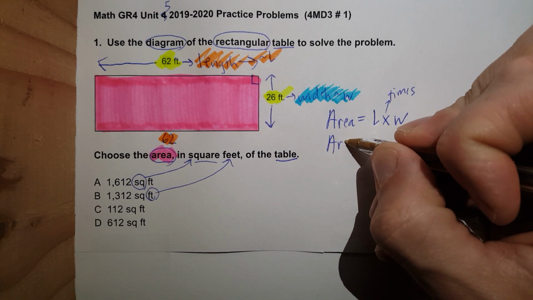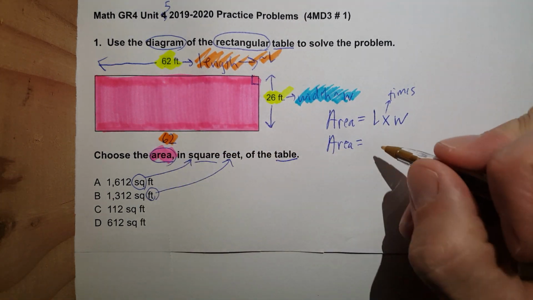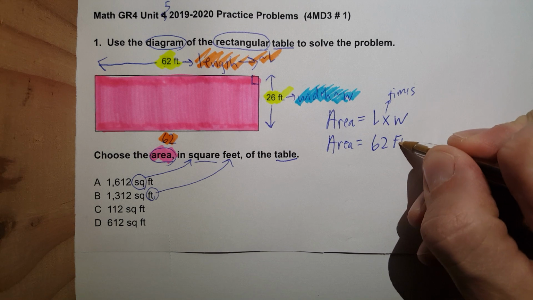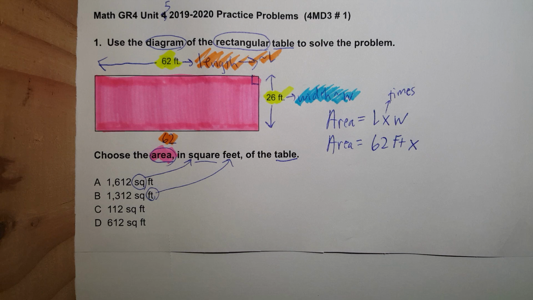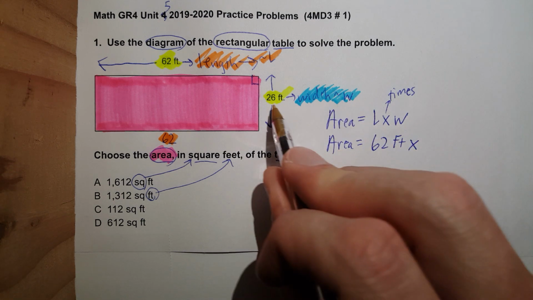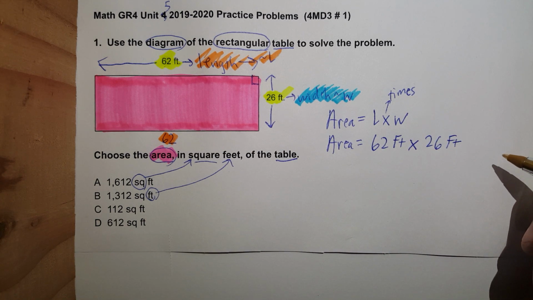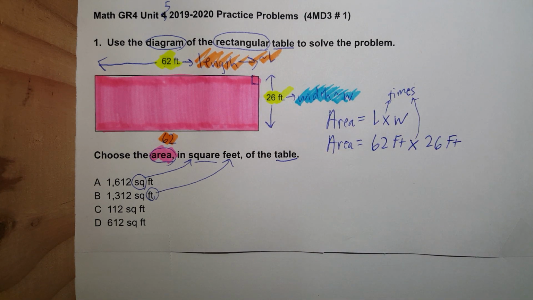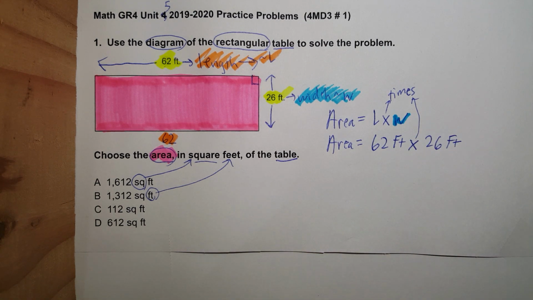So area is equal to 62 feet times, multiply the width, which is 26 feet. Okay? Remember, this is times. Sometimes when kids see the symbols, they start getting them mixed up. That's a W. This is an L. Times or multiply.